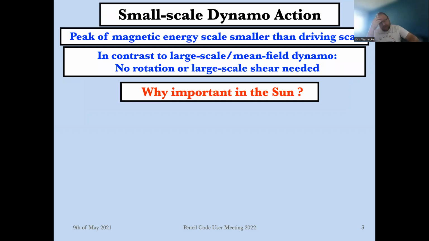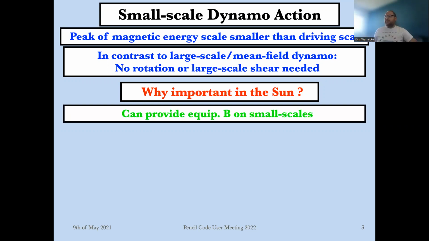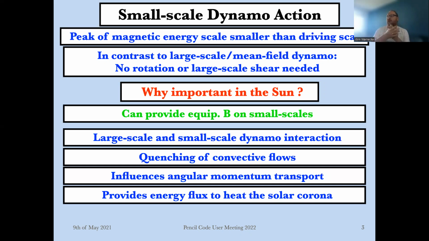Why is this important in the Sun and solar-like stars or other cool stars? It can provide small-scale magnetic field at equipartition strength. So the small-scale dynamo is important in the Sun.